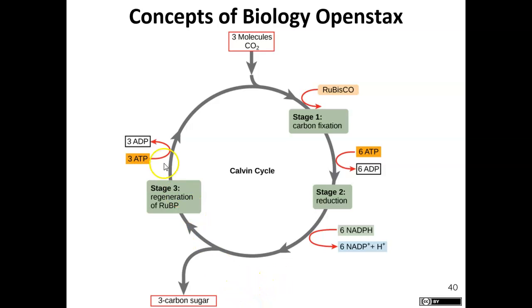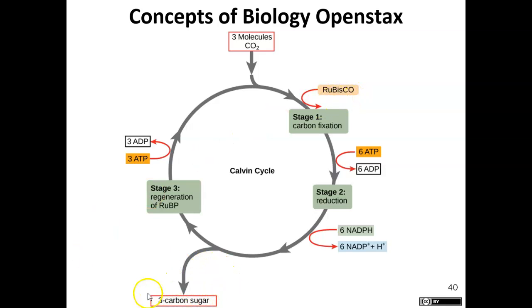But you're going to have this spin a total of 6 times to produce one glucose molecule, because down here, the end product is going to be these glyceraldehyde 3-phosphates. And if it spins 6 times, for each spin, we produce glyceraldehyde 3-phosphate. So the majority of these glyceraldehyde 3-phosphates have to move into the regeneration of RuBP, because remember, this is a cycle, so we have to reproduce the original product.